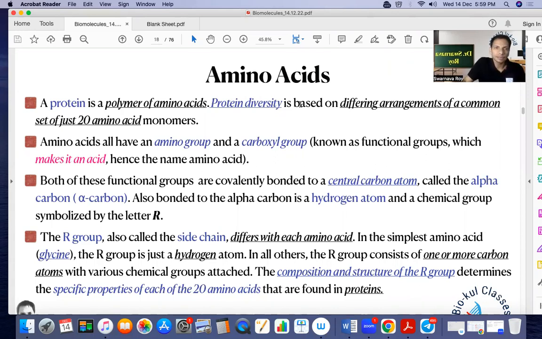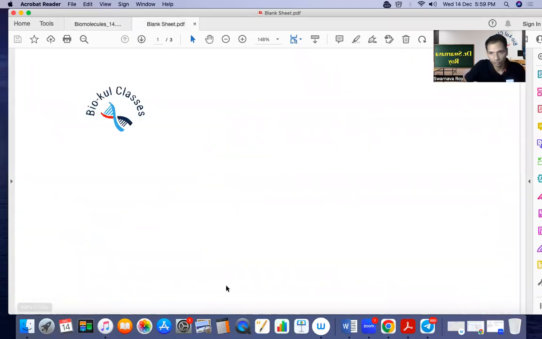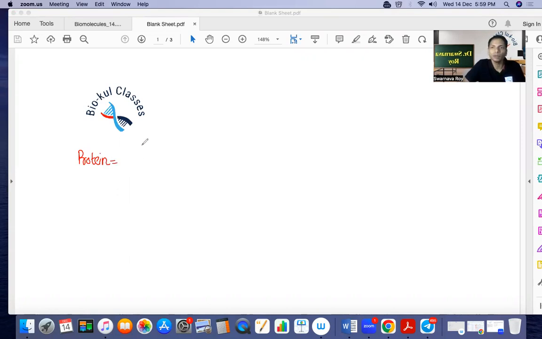So amino acids, what are amino acids? A protein molecule is basically called a polypeptide.